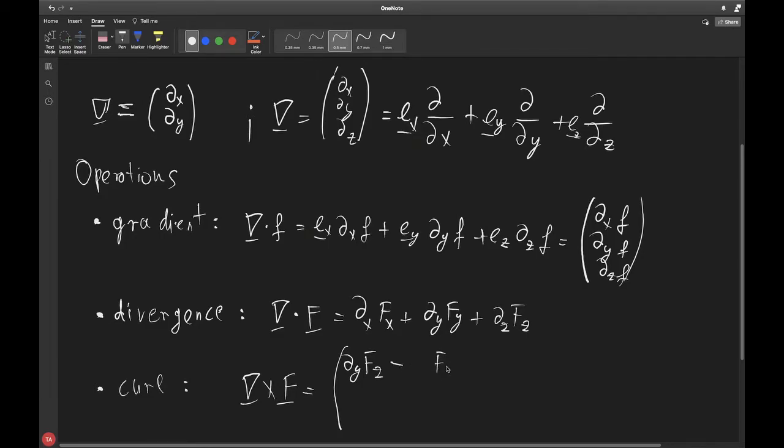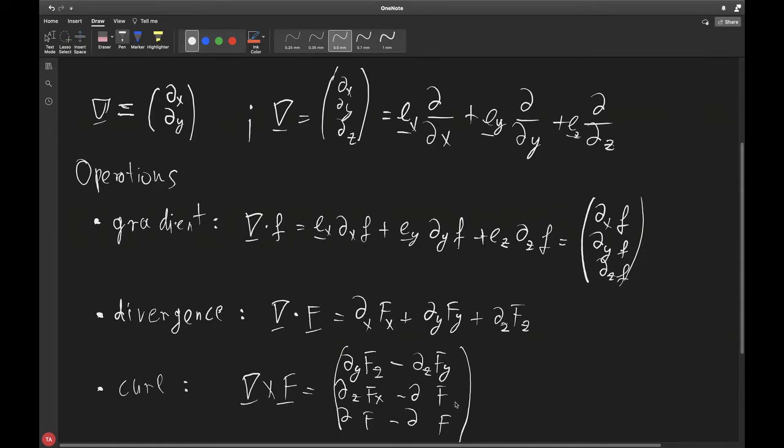So we take the y component of F and derive it by z. All of them are going to look like this: we take a derivative of a component of F and we subtract the derivative of another component of F. For the second one, here we put x and derive it by z.